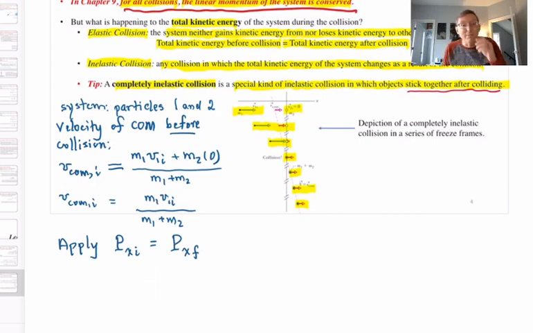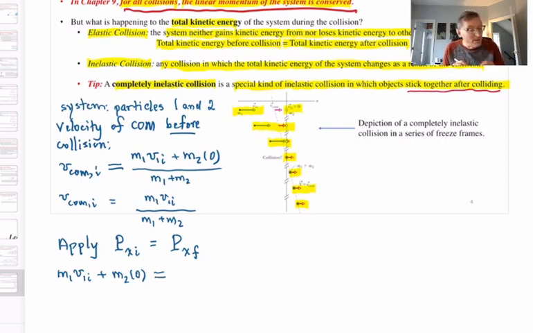All right, and remember, momentum is mass times velocity for each particle. So initially, I've got the mass of 1 times v1 initial, that's the momentum of particle 1 initially, plus the mass of 2 times v2 initial, but that's 0. So that's the initial momentum, symbolically.